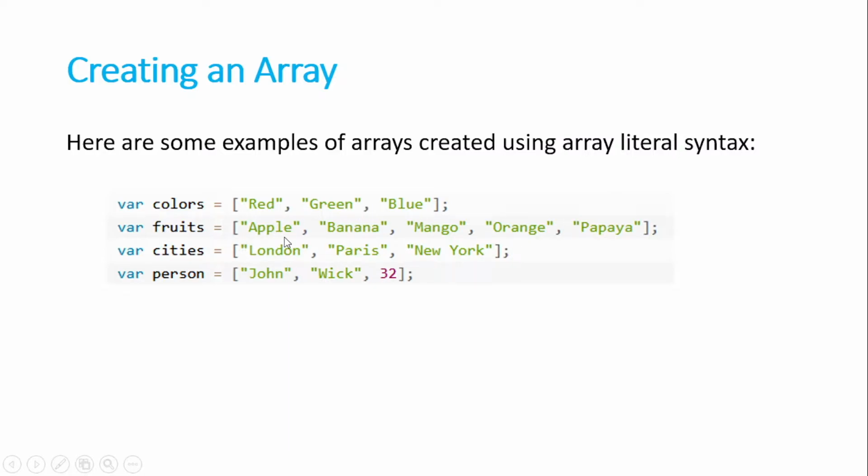You can see in fruits we have stored multiple fruits. In cities, we have different cities. We also have person, which has different data types. You can see this is the number data type, and this one is a string, and this one also. So we can also store arrays like this, and this is the basic example of creating an array.